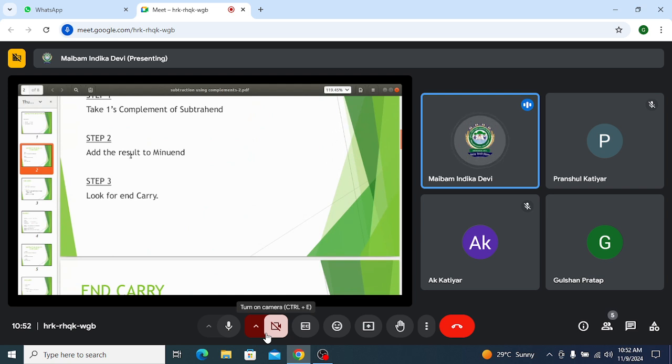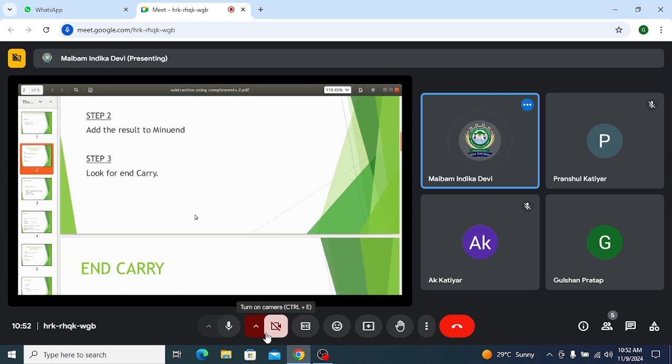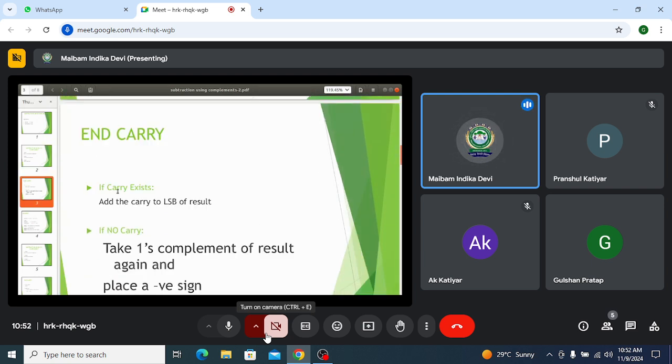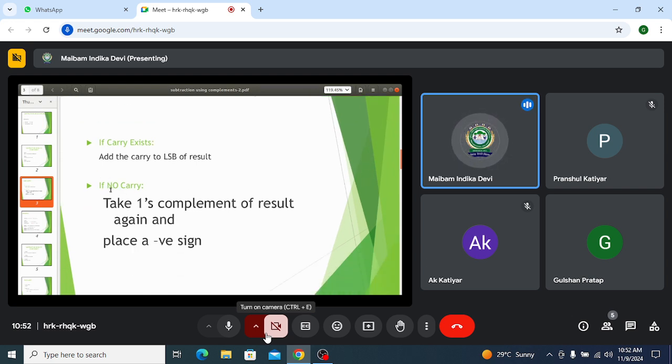In the result you get after step 2, see whether there is an end carry or not. If an end carry occurs, add that carry to the least significant bit, that is, to the rightmost bit. And if there is no end carry, you use the minus of the result.